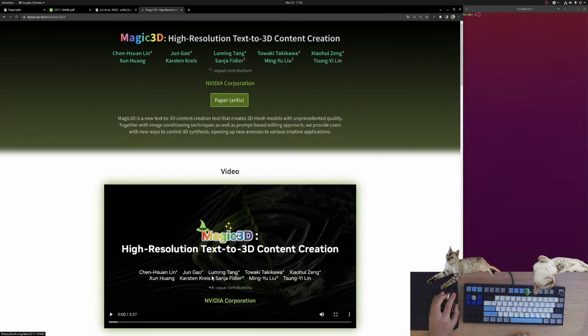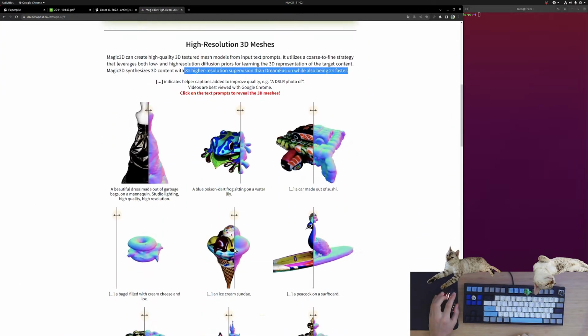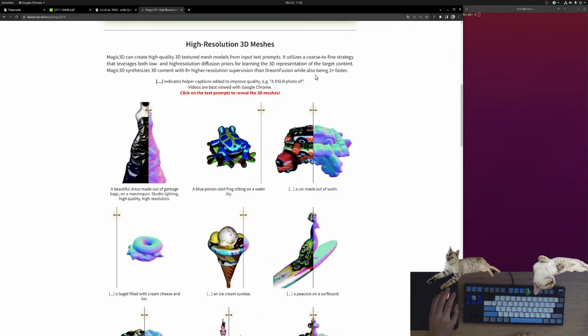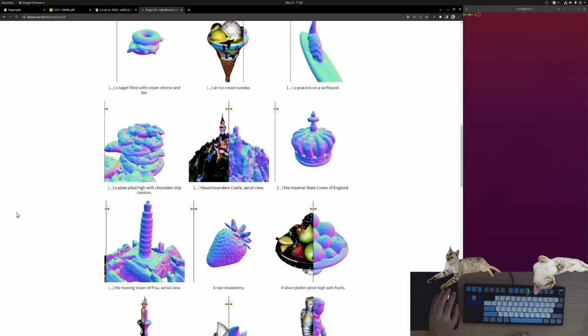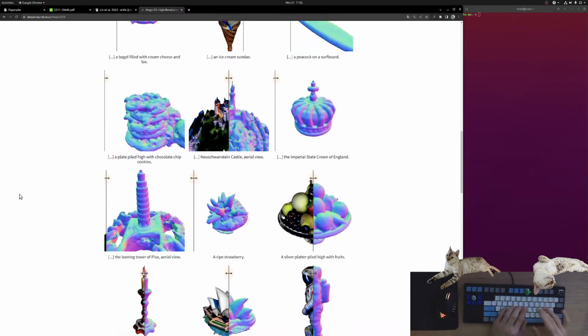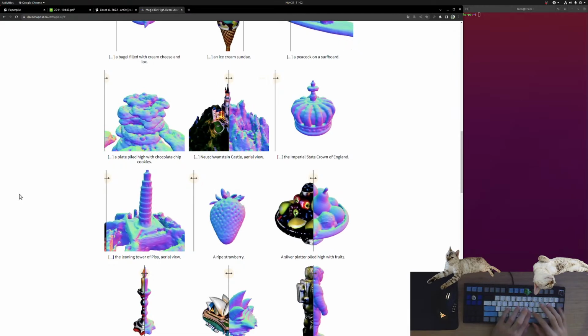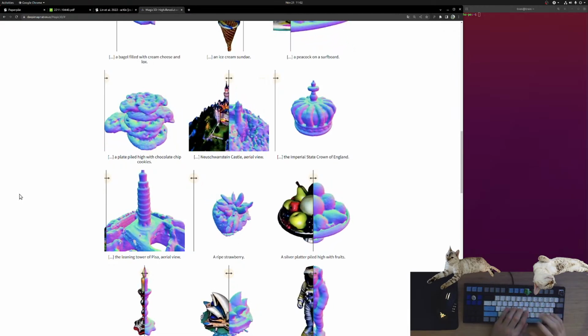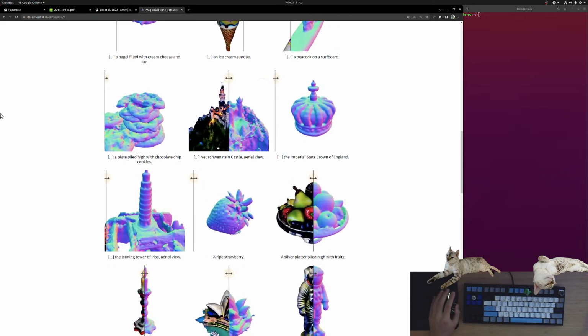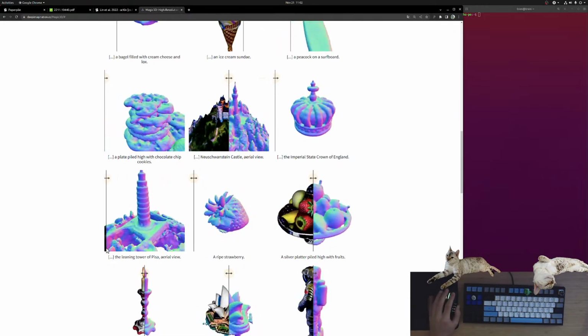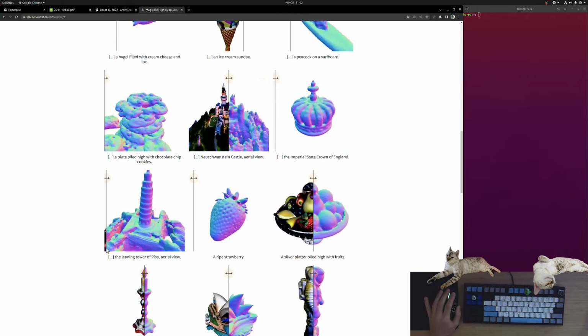I'm very curious to see where we are in a couple years, whether there will be websites where you can just go and type in an orc with a two-handed battle axe riding a giant panda, and it will generate that for you. It'll generate a 3D model that you can then go and use in your game. And the next version of that is it'll generate a rigged 3D model, right?